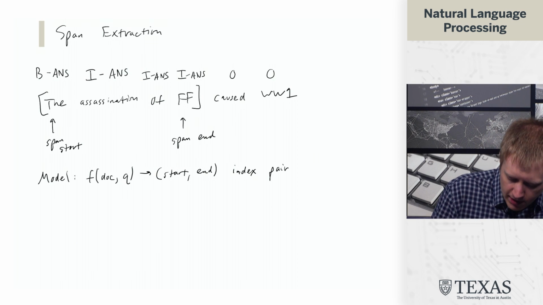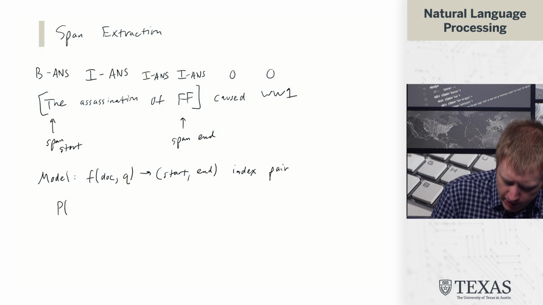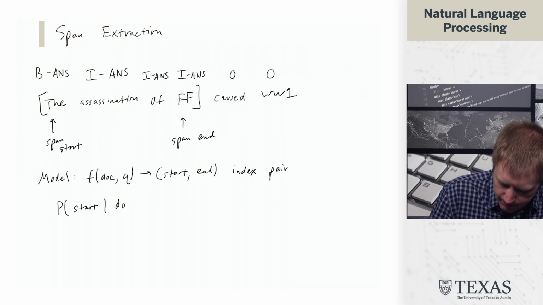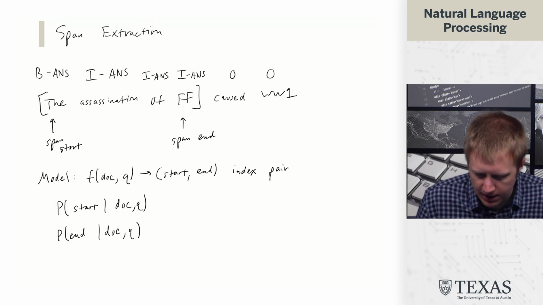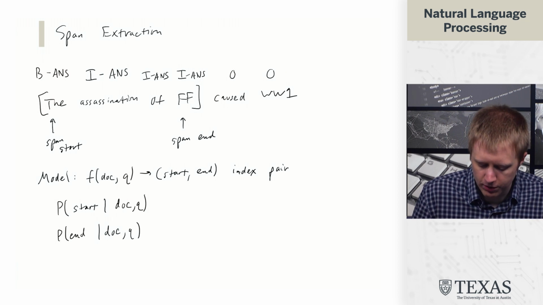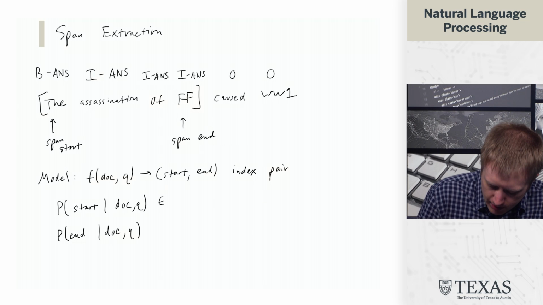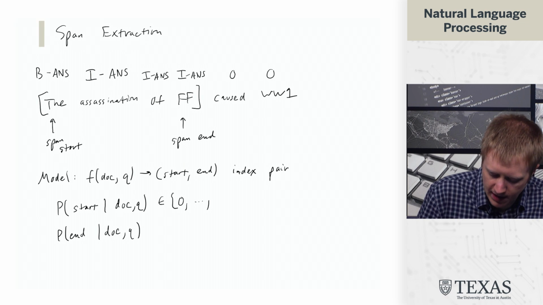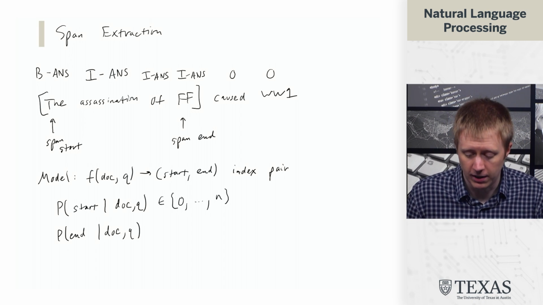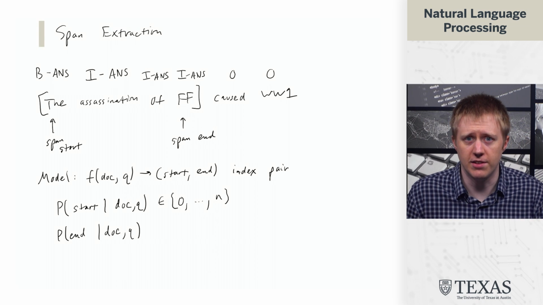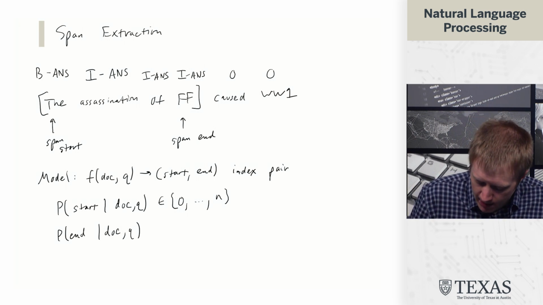And the models that we're going to look at are going to place distributions that look like this. We're going to get a pair of distributions that basically have the range, let's say 0 to n, where these are the indices in the document that we're considering.